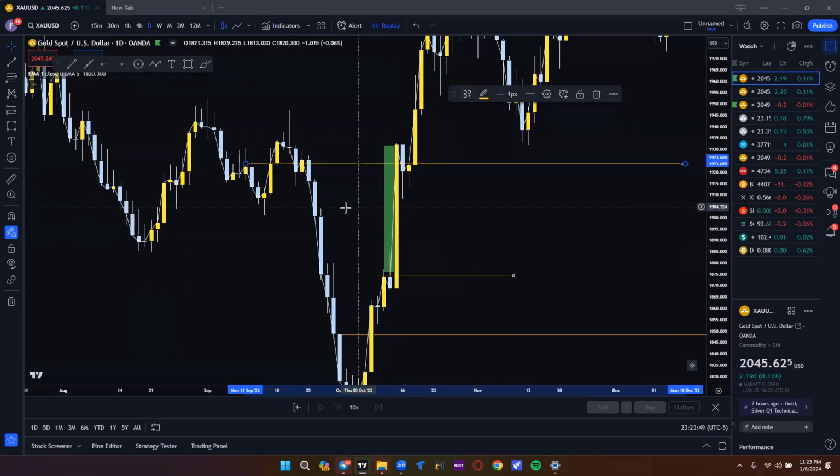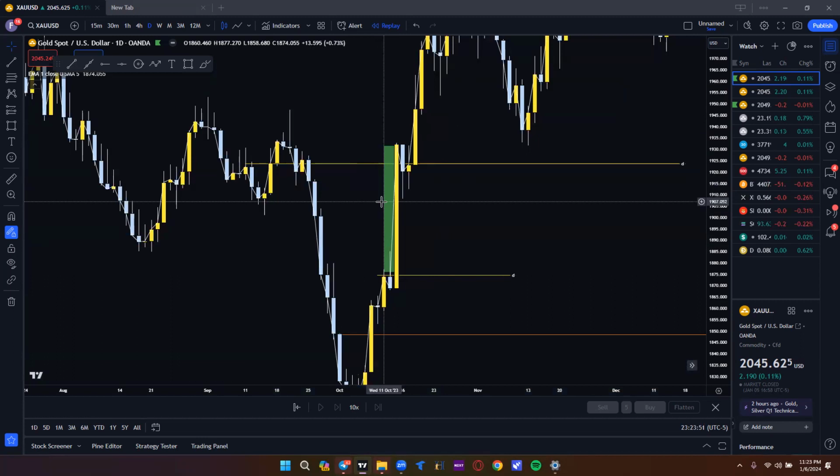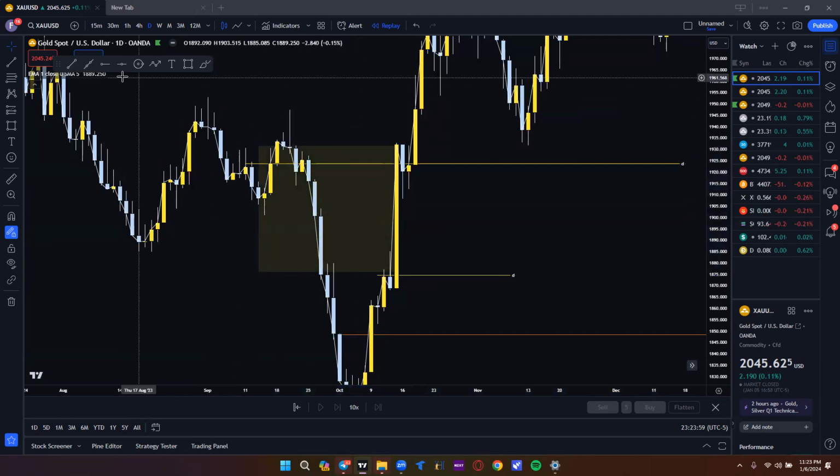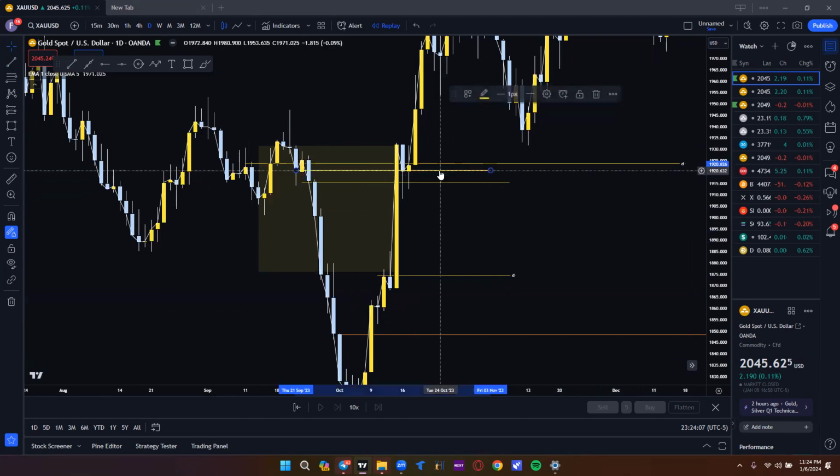Let me just show you guys. Daily, bring it across and you can see that it broke above these levels here. So it's like a break and retest. Oh, okay, so now this is daily.